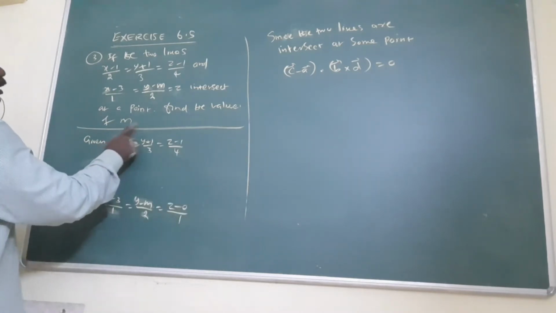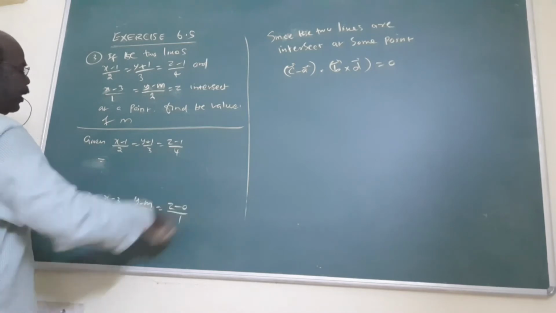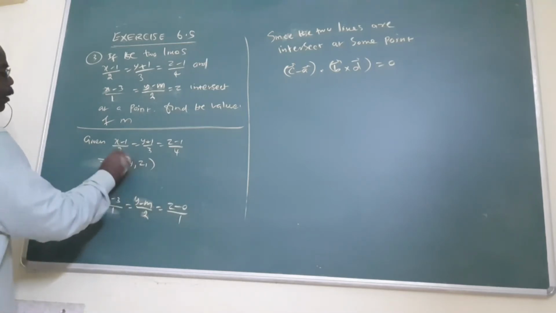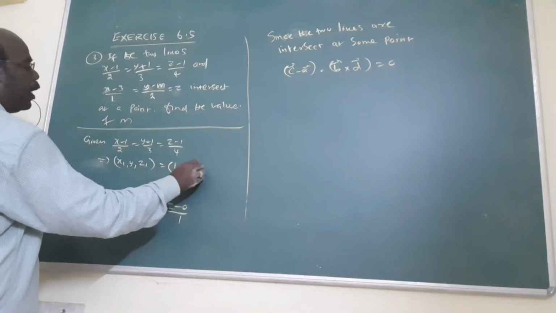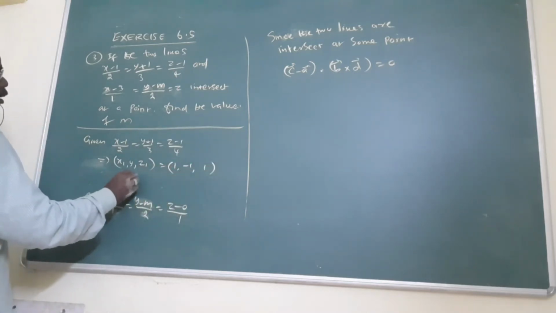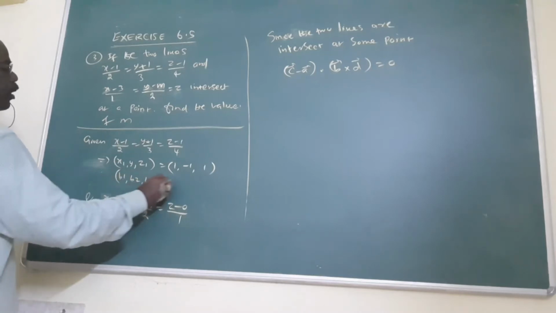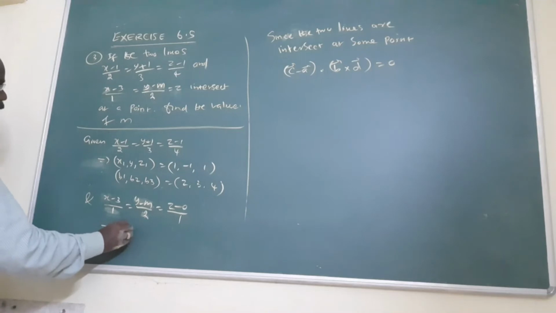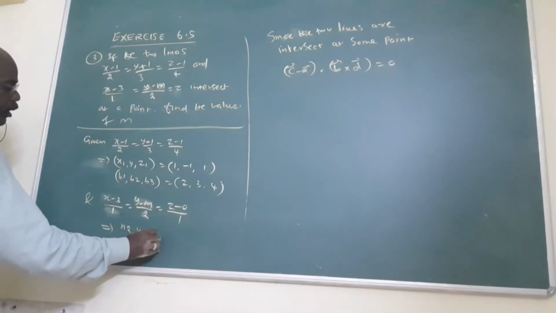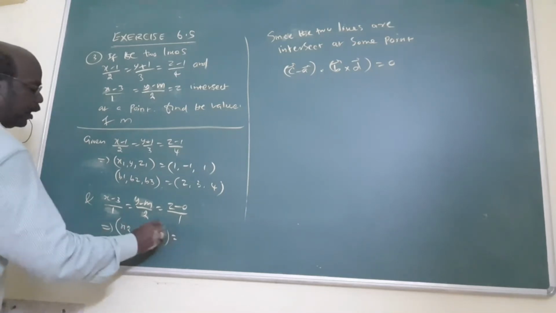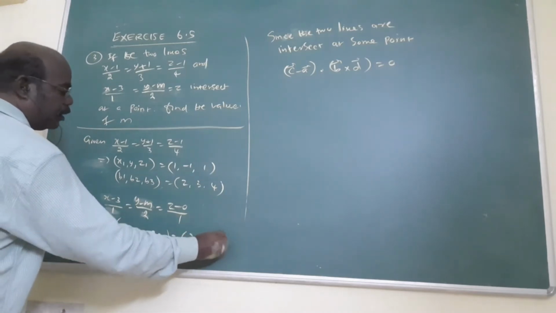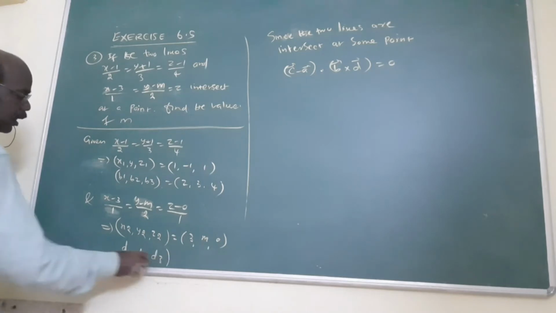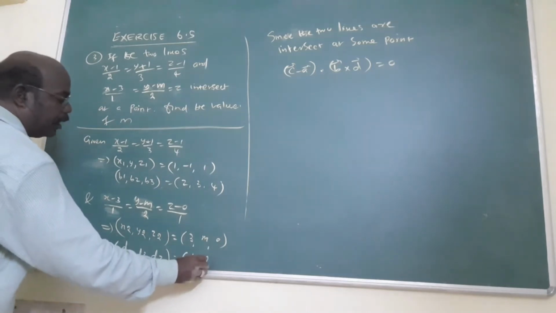A vector is the point, b vector is the direction. The point x1, y1, z1 is the numerator: 1, minus 1, 1, and b1, b2, b3 equal 2, 3, 4. Similarly, for the second point x2, y2, z2 we get 3, m, 0. Next d1, d2, d3 equal the denominator.